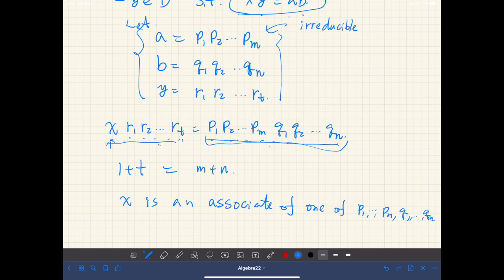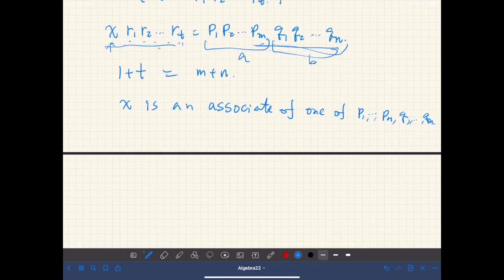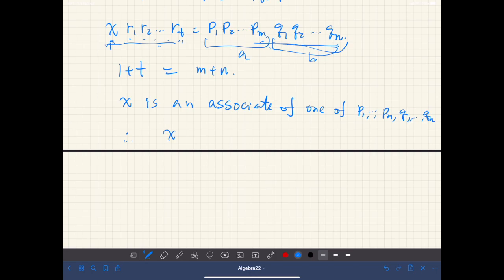So that means x is one of the factors of either a or b. So this part is a, this part is b. Therefore x divides a or x divides b. So therefore x is prime, and we are done.